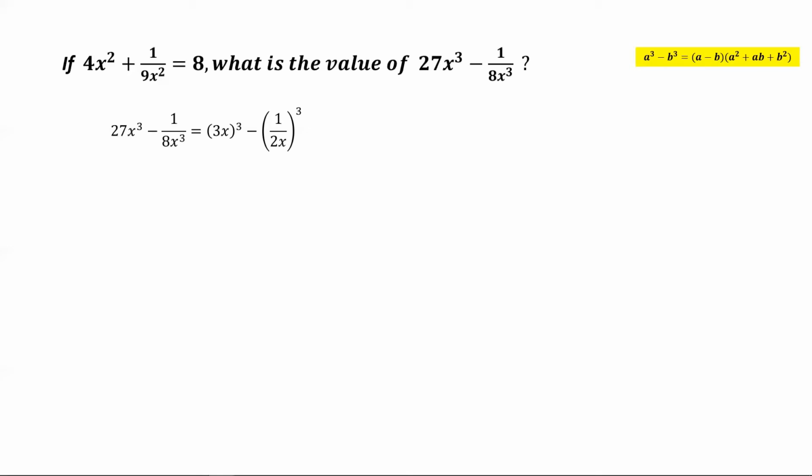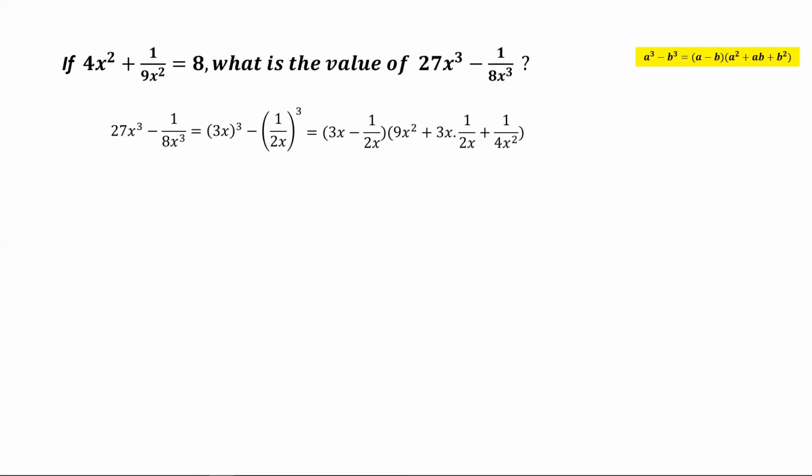If I apply this to this particular expression, it becomes 3x minus 1 by 2x, multiplied by, here my a is 3x, so a squared will be 9x squared, and ab is 3x multiplied by 1 by 2x, and then b squared is 1 by 4x squared.